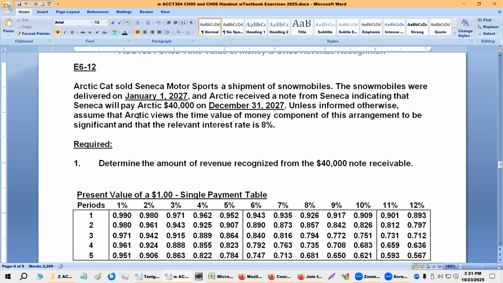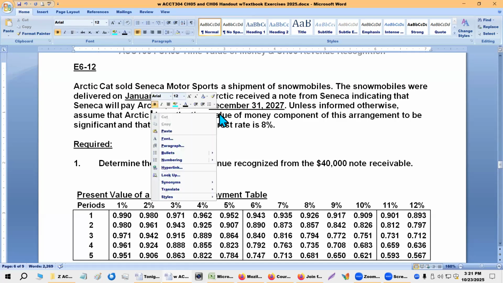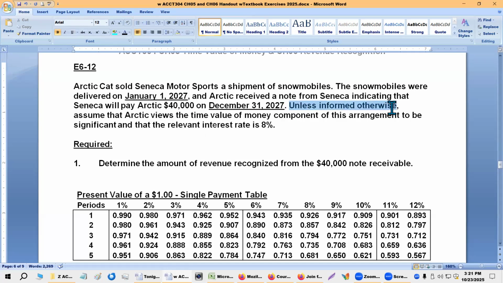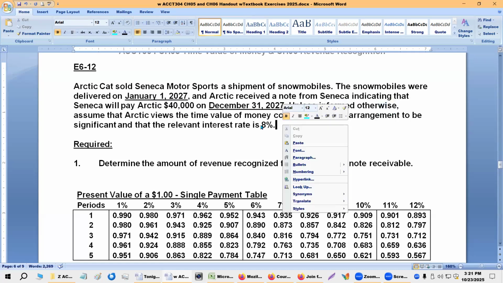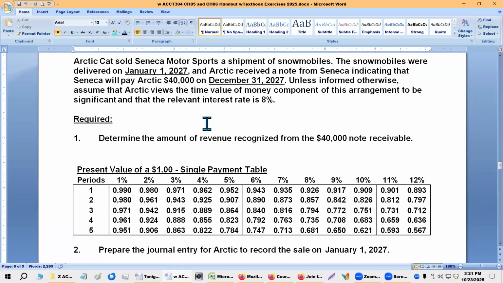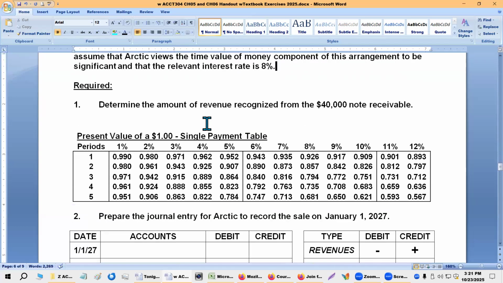We'll pay $40,000 on December 31st, 2027. Unless informed otherwise, assume our market views the time value of money component arrangement to be significant. I don't know why they put that in there. Like Arctic Cat's going to call us up. The interest rate is 8%. Determine the revenue recognized.